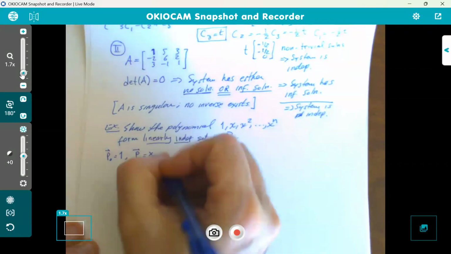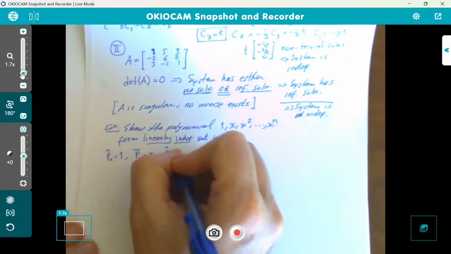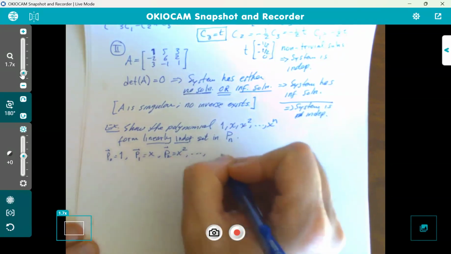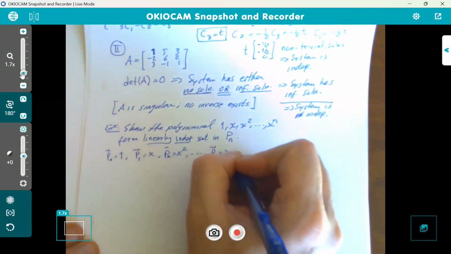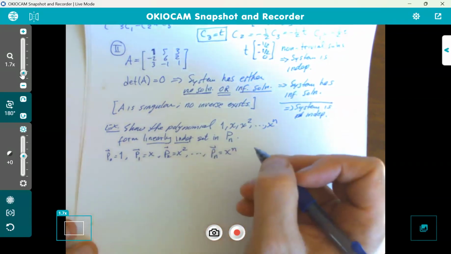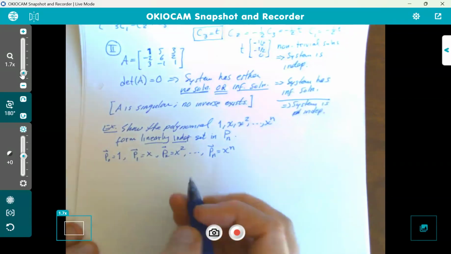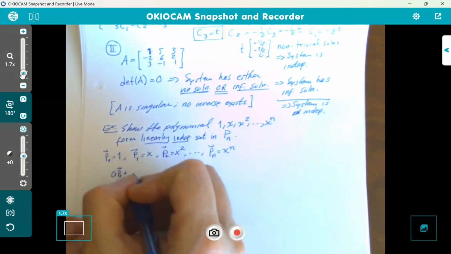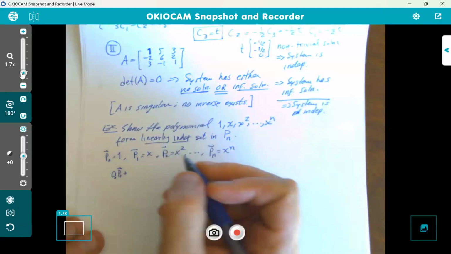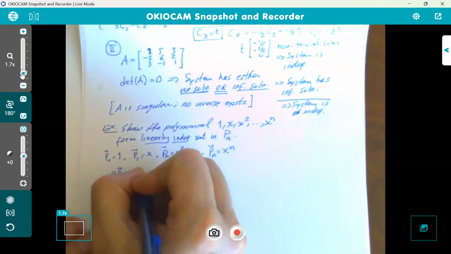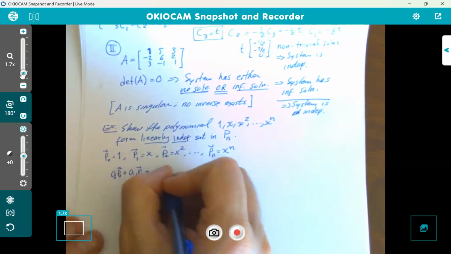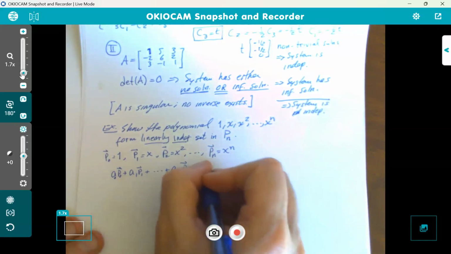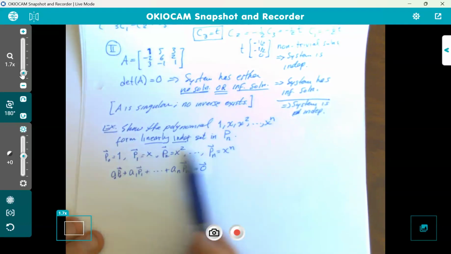The second polynomial vector would be a vector of all polynomials in the form x squared, and the nth would be in the form x to the nth. So as a vector now, I can write a0 p0 plus a1 p1 plus dot dot dot plus an pn, and then set it equal to 0. So you can see now why I wrote these as vectors.